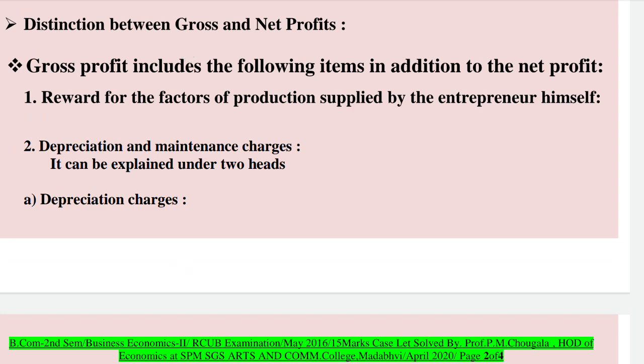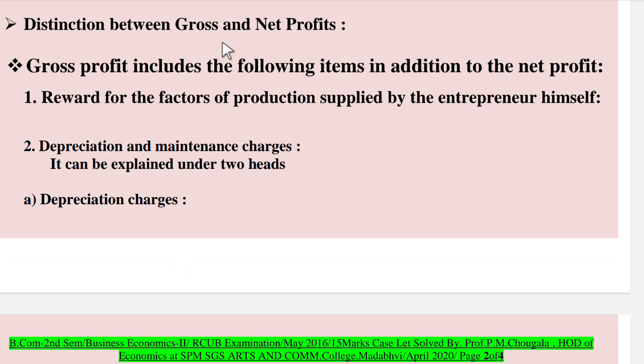In ordinary language, the term profit is used in the sense of gross profit, meaning what is commonly called profit is gross profit. Gross profit is the surplus of total revenue over the total cost of production incurred by a firm in the production process.